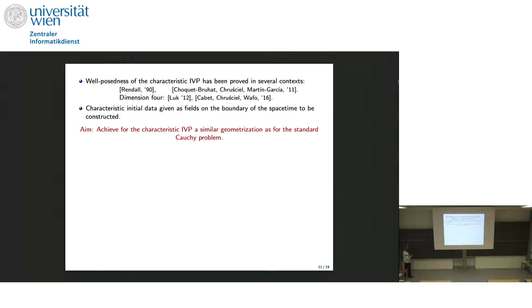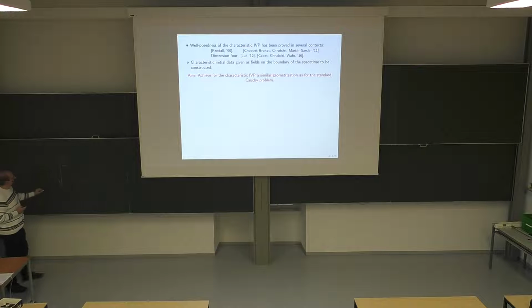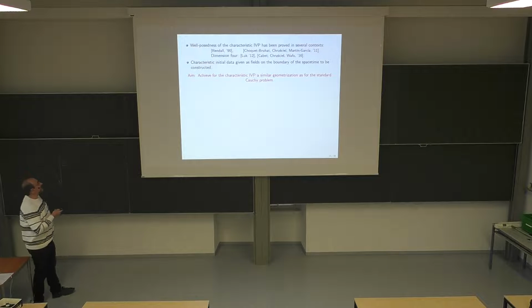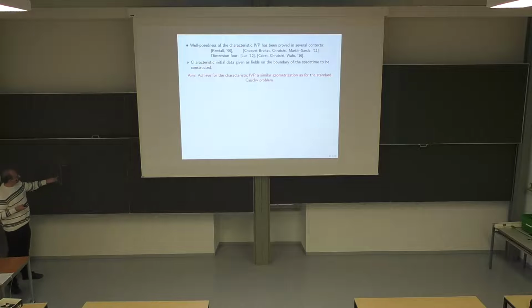So if the picture is like that, this would be, say, H, this would be, say, H bar, and this is the surface S. And Rendall's theorem guarantees existence of a space-time in a neighborhood of S, not covering all of H or H bar, just in the neighborhood of S. Now this theorem is for two null hypersurfaces that intersect on some surface S.